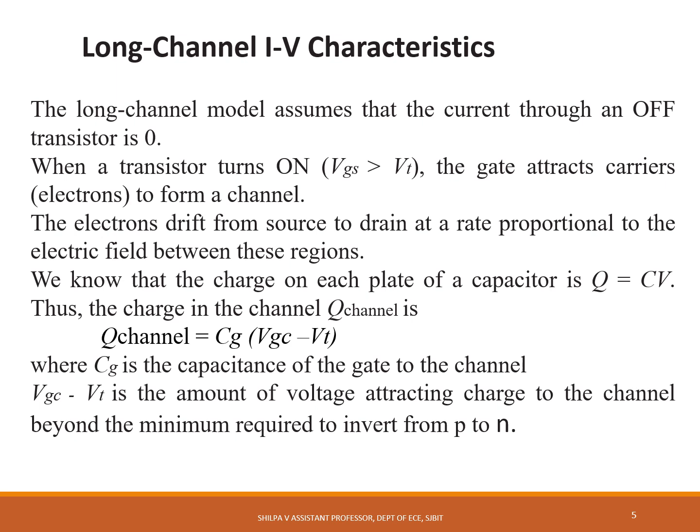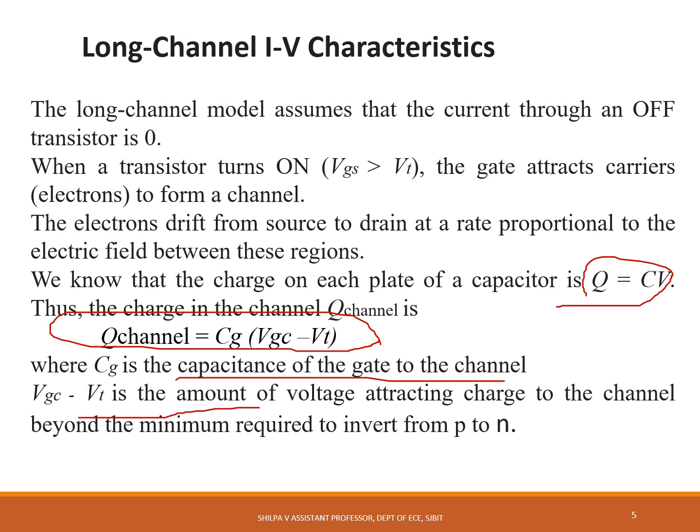Now we know that the charge on each plate of a capacitor is Q equal to C into V. So the charge in the channel can be written as Q channel equals Cg into (VGC minus VT), because it acts as a capacitor, where Cg is the capacitance of the gate channel and VGC minus VT is the voltage which is attracting the charge to the channel.